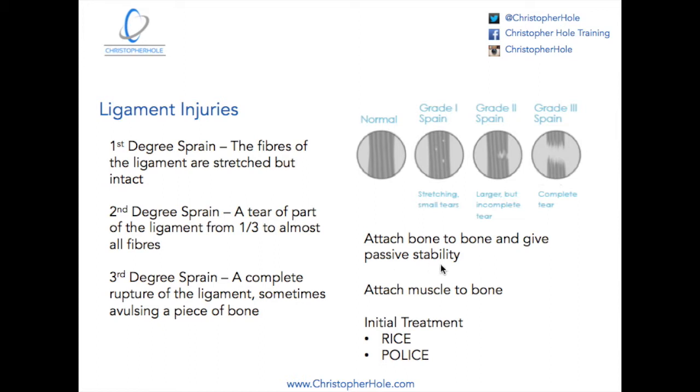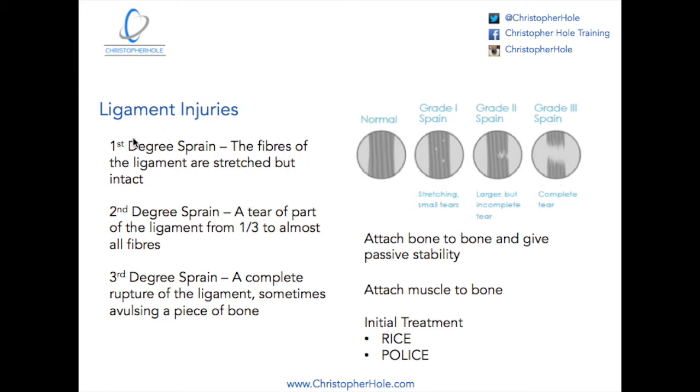Ligaments are what's called passive, so they don't necessarily have a nerve there that contracts them like a muscle, and all they're basically doing is they're like taut bands that hold bone to bone together. They're not active in any way as a way of describing them. So it's a more passive stability more than an active stability that a muscle would give.